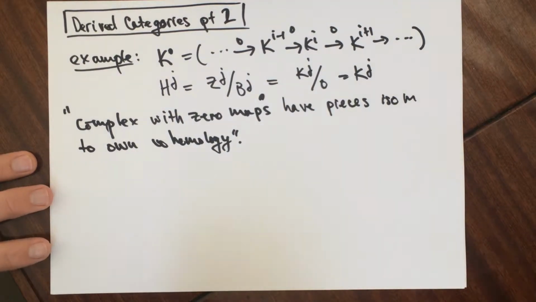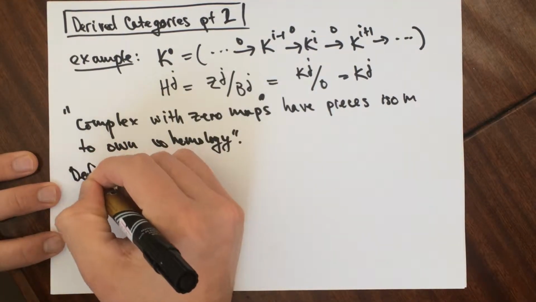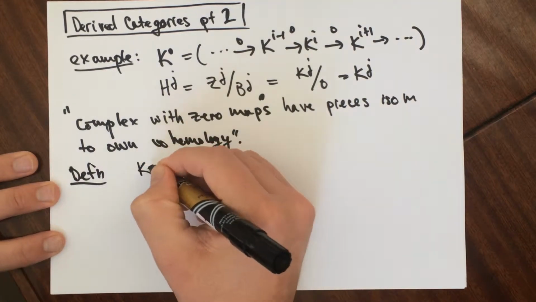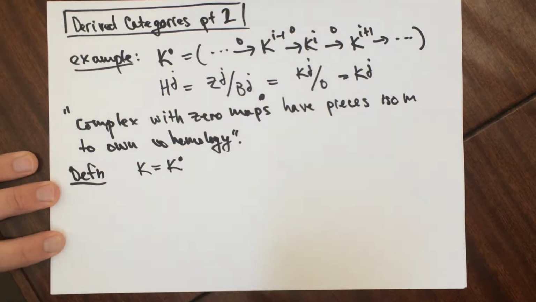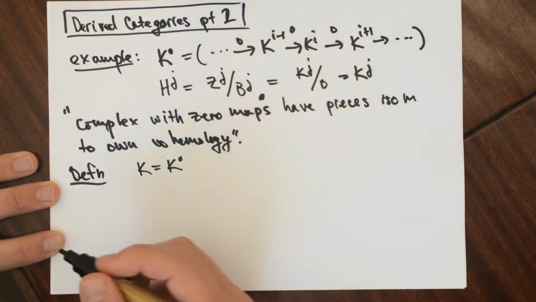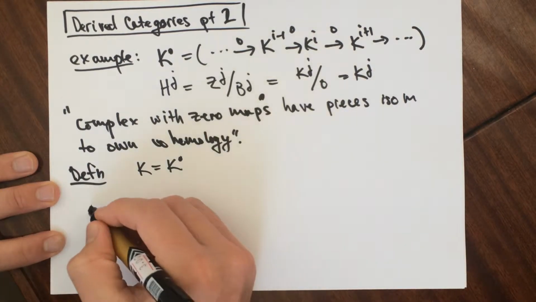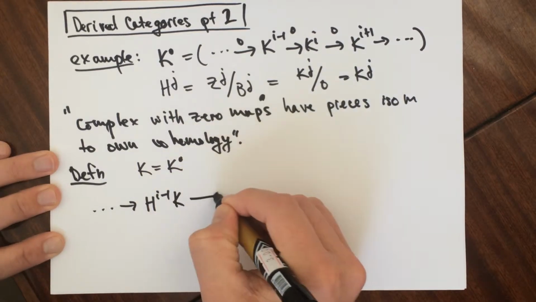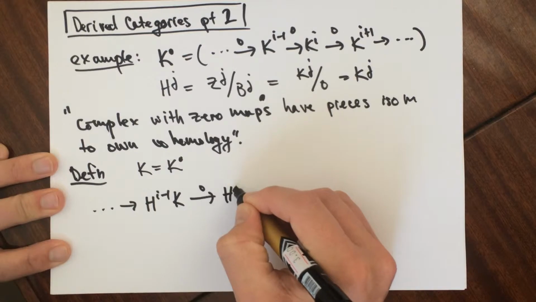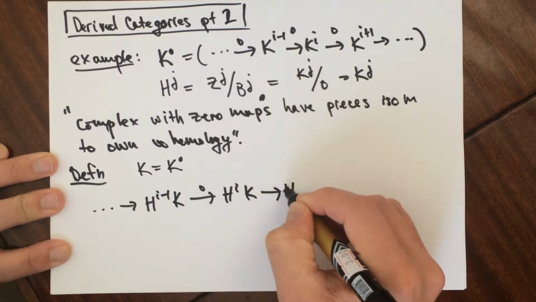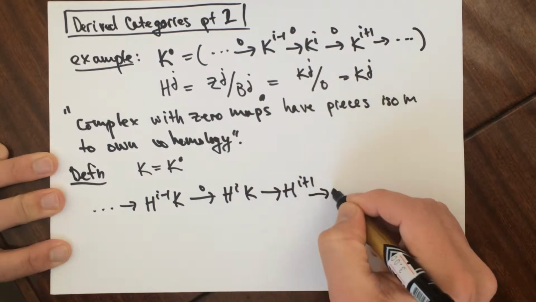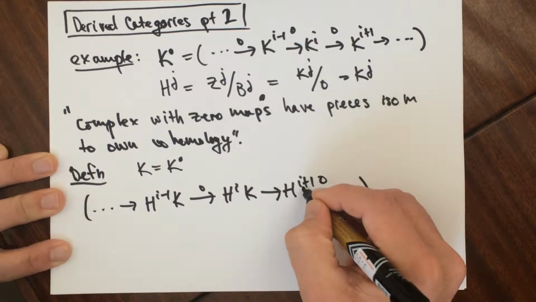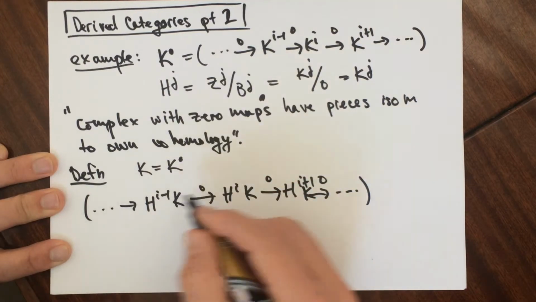Okay, let me give you a definition. Let's take a complex K, and then we form a new complex. Here I'm going to put the 0 map on everything.